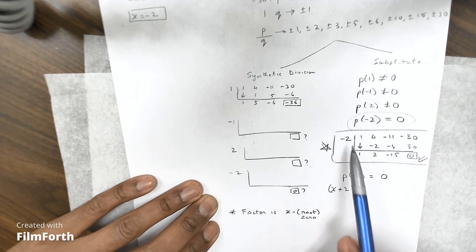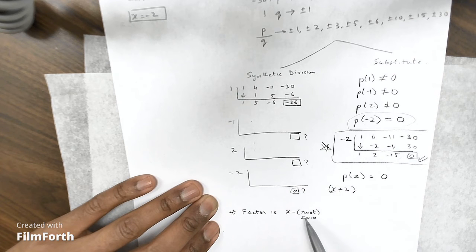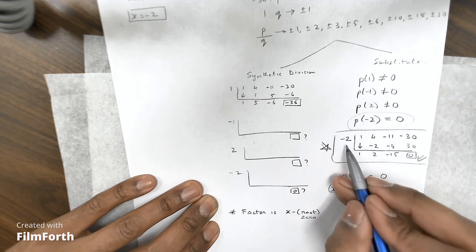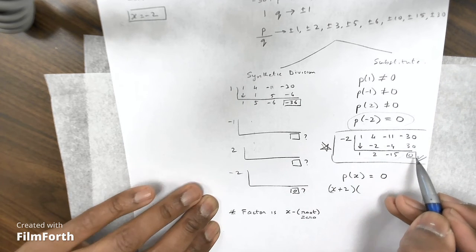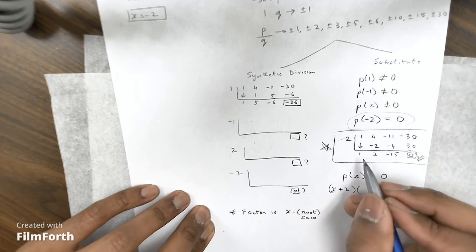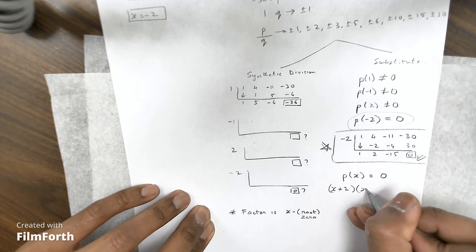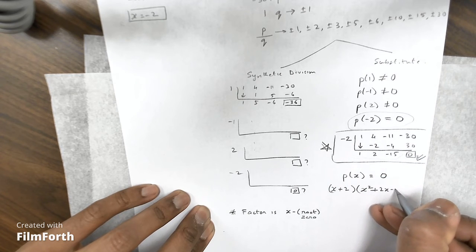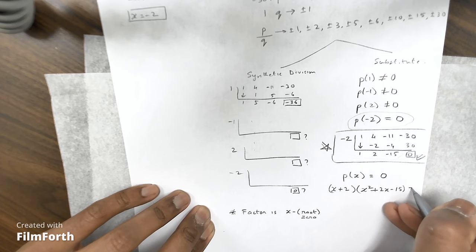We know negative 2 is the root, so x minus negative 2 is the factor, because the remainder is 0. What is the other factor? The other factor is the quotient, x squared plus 2x minus 15.